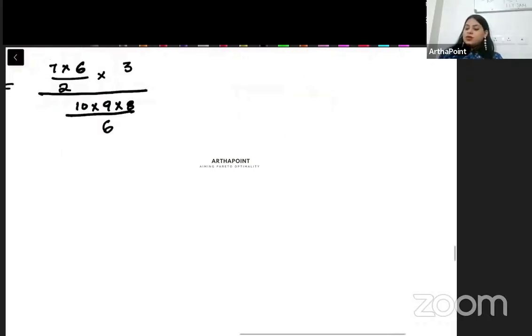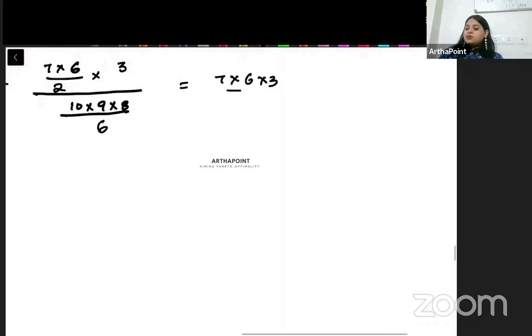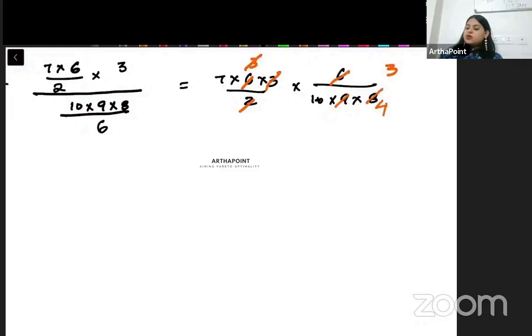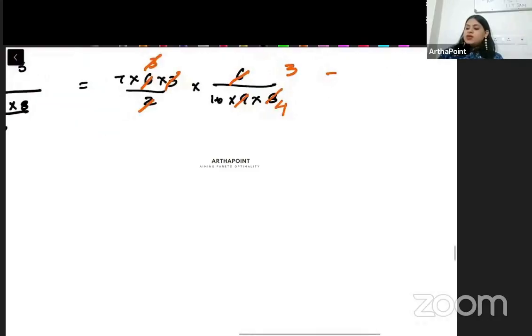This is what will happen. So if you solve this, this is what you will get. I'm leaving these things for you to interpret. You should be well aware of how to solve these questions better. So this is 3, this gets cancelled. This is 3s, this is 4s. So this will be 21 by 40.